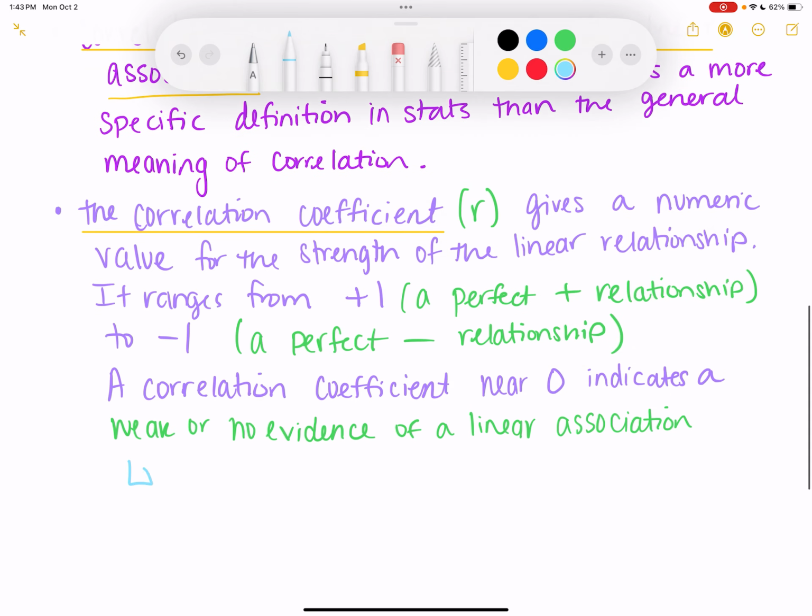Now, something to note about that part, though. This does not mean there is no relationship. Only no linear relationship.